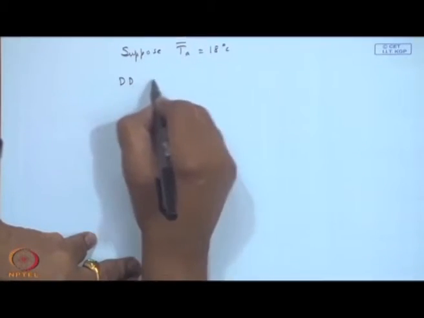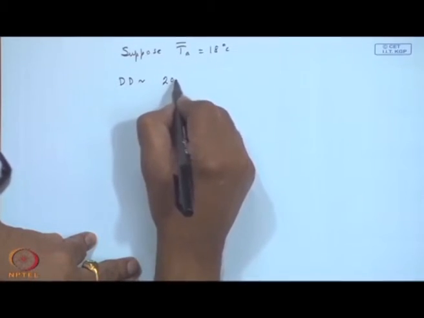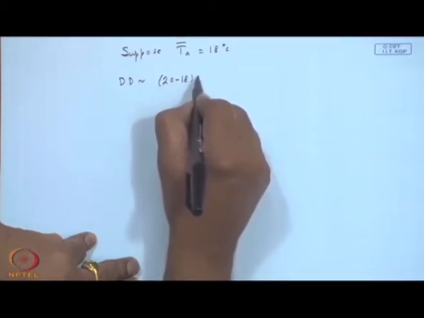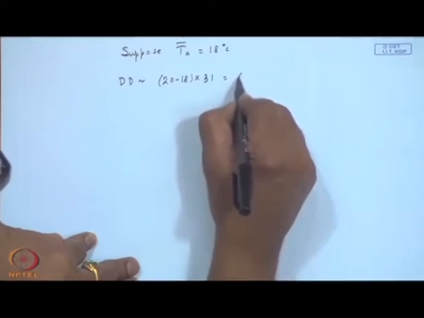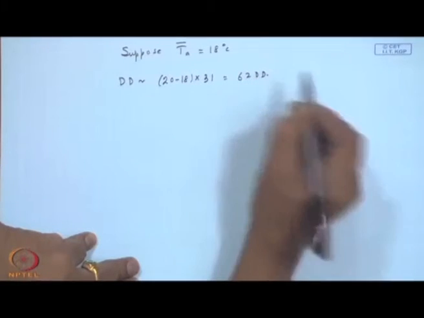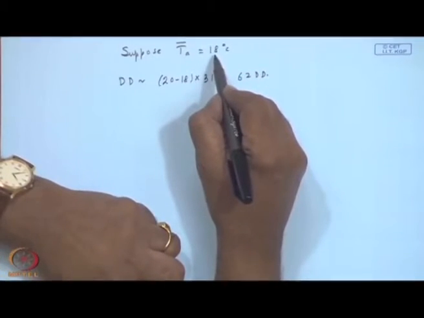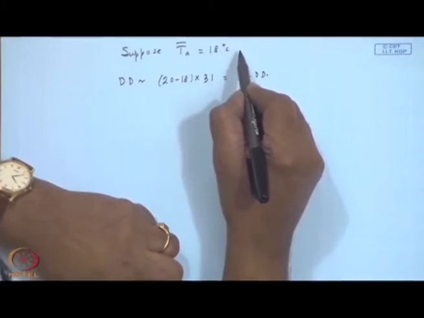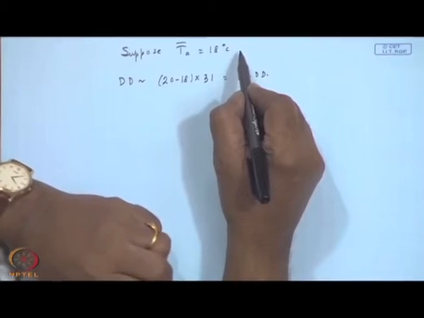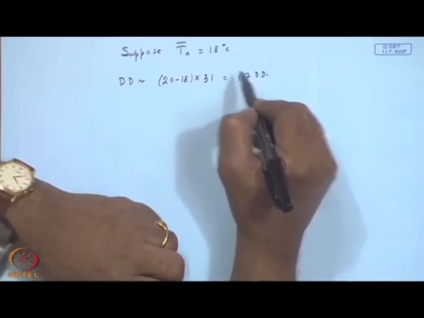So, D D approximate according to the formula I was suggesting is 20 minus 18 times 31, which is 62 D D. Now, this may be right, but there may be exactly how many days are less than 18 and how many days are more than 20. That more than 20 does not contribute in this, though it contributes in the average to become higher. So, there will be an error.